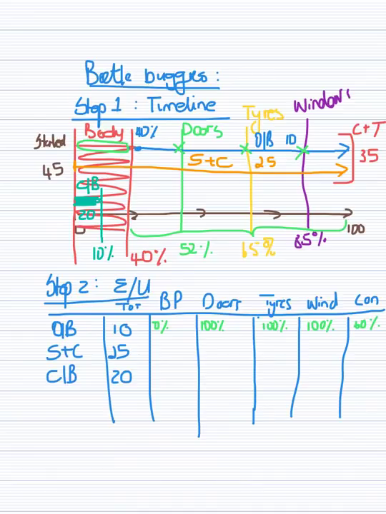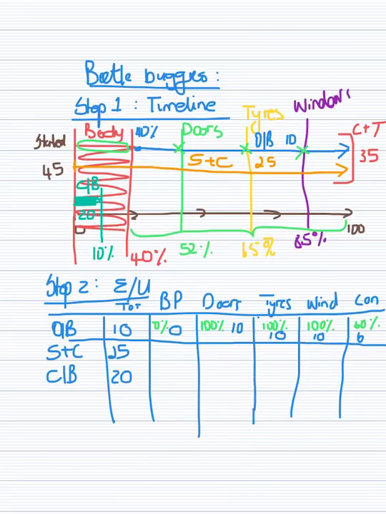So now I can actually go and fill in my units. 0% of 10 is 0. 100% of 10 is 10. 100% of 10 is 10. 100% of 10 is 10. And 60% of 10 is 6. So those are my units for opening work in process.